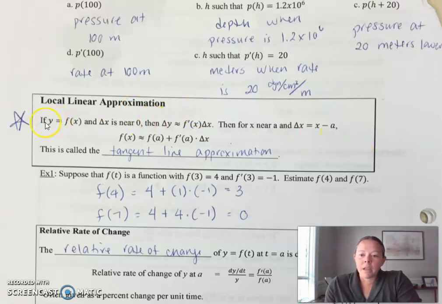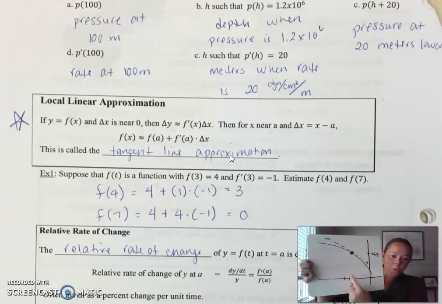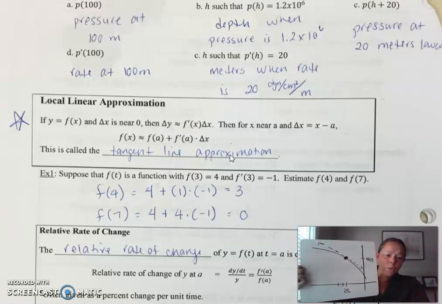Same thing. So y equals f of x and the change in x is near 0. Notice on our picture here, your change in x was only 2, so it's not that bad, but if your change in x is 100, staying along the tangent line is not going to be a very good estimate of what's going on along the actual curve.